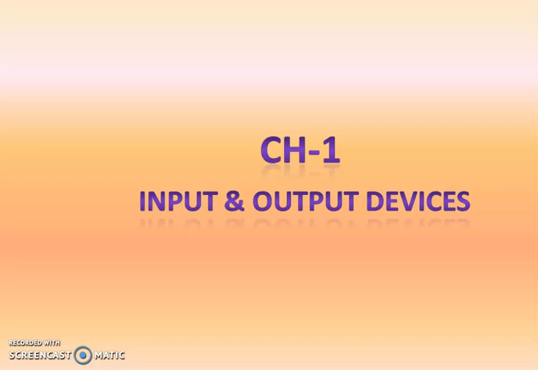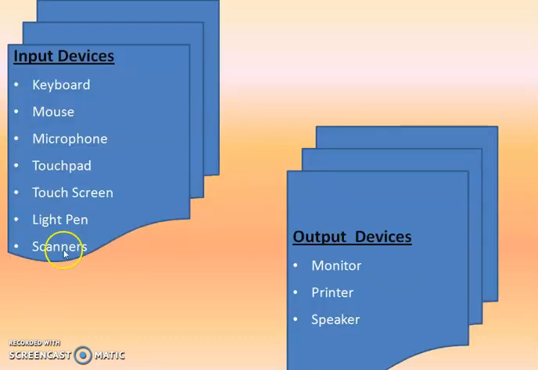Good morning, students. As you know, for the last few classes we have been looking at chapter 1, and in chapter 1 we have already seen input and output devices, right? In input devices we have seen keyboard, mouse, microphone, touchpad, touch screen, light pen and scanners.